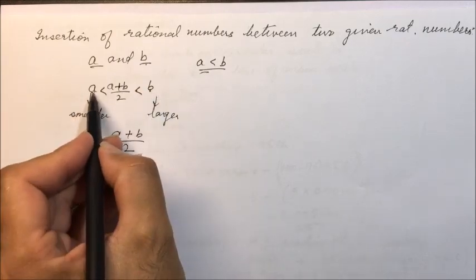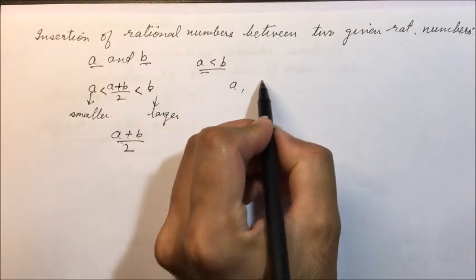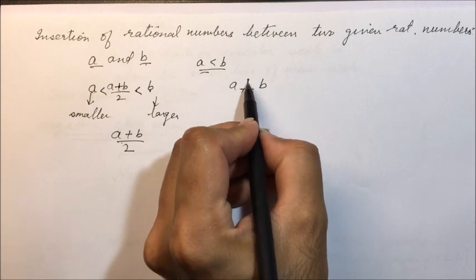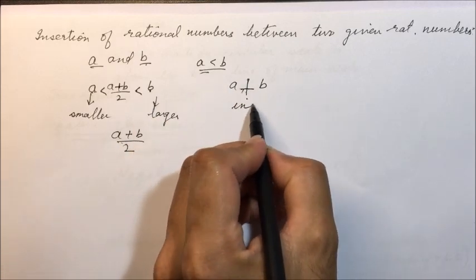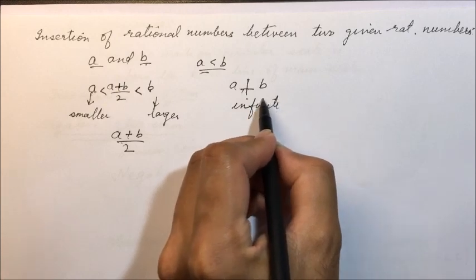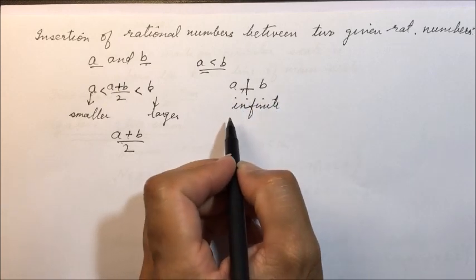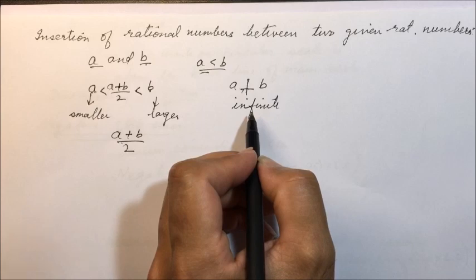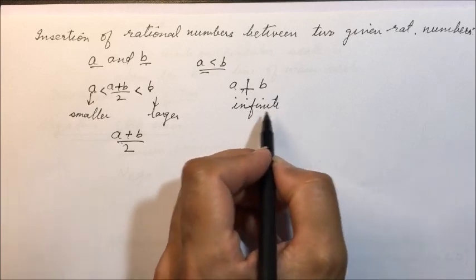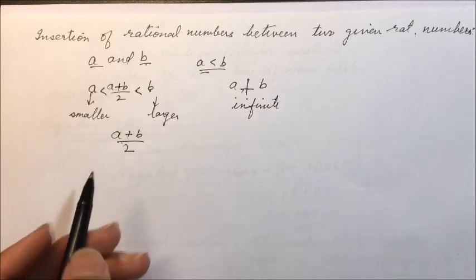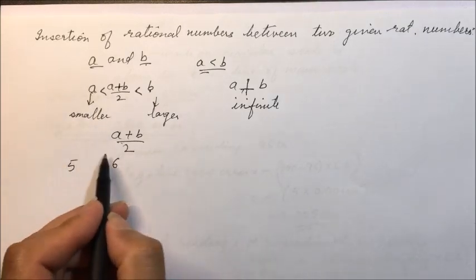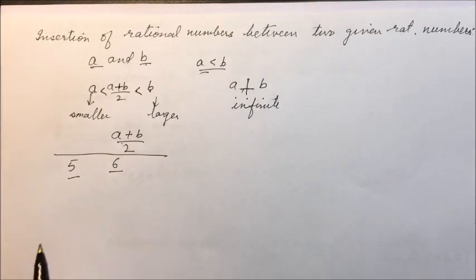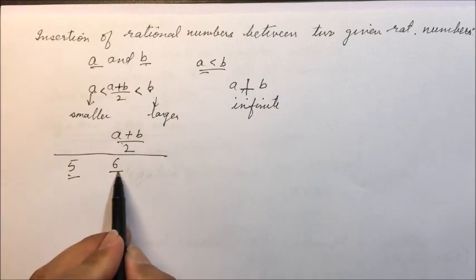Now between a and b, how many rational numbers can we insert? There are innumerable, or infinite, rational numbers we can insert between any two rational numbers. For example, I take 5 and 6. We have to insert a rational number between them.